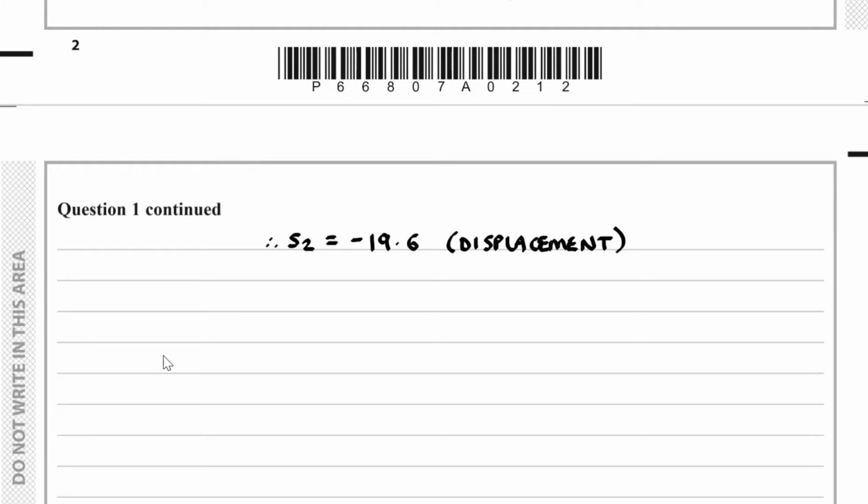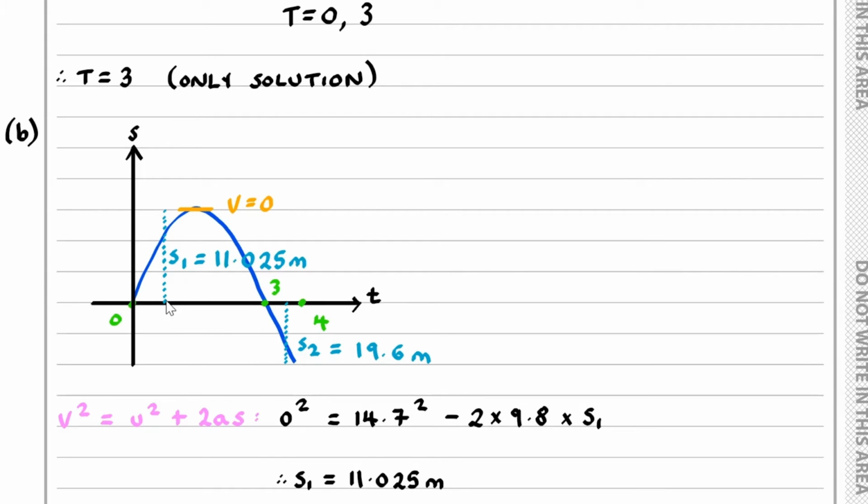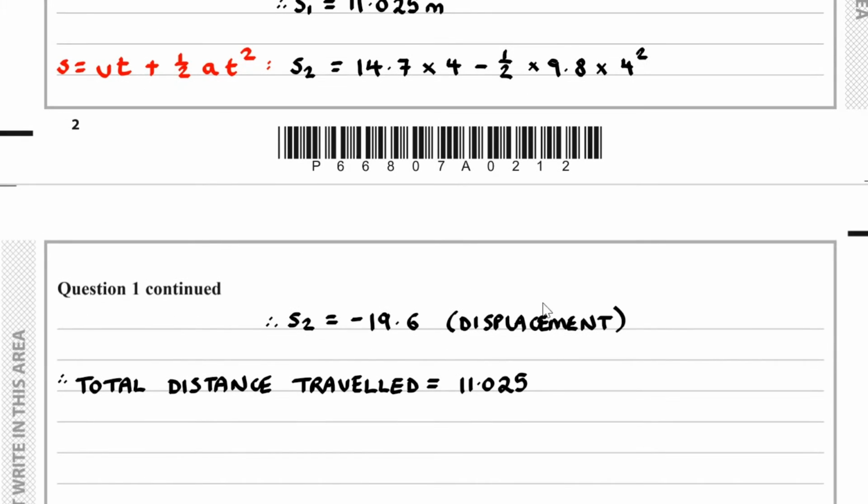And so therefore, the total distance travelled, we've got 11.025. This would be going up, and then we go back down. So we go up here, and then from here we go back down. So we add on another 11.025, and then we add on the distance of 19.6.